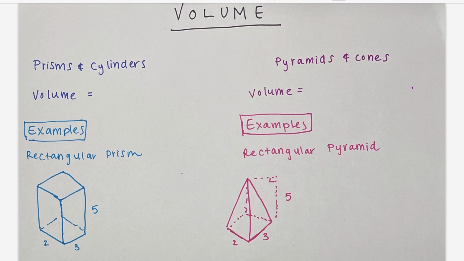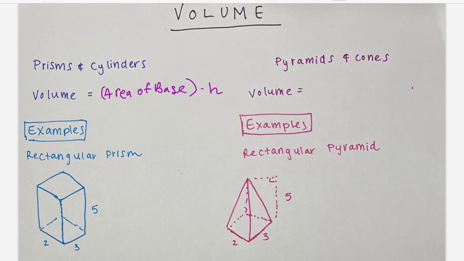So the basic idea here: the volume of a prism and a cylinder is going to be the area of the base times the height. And the volume of a pyramid and cone, if you remember the demonstration, we have a prism and a cylinder that has the same height and base as a pyramid or cone.